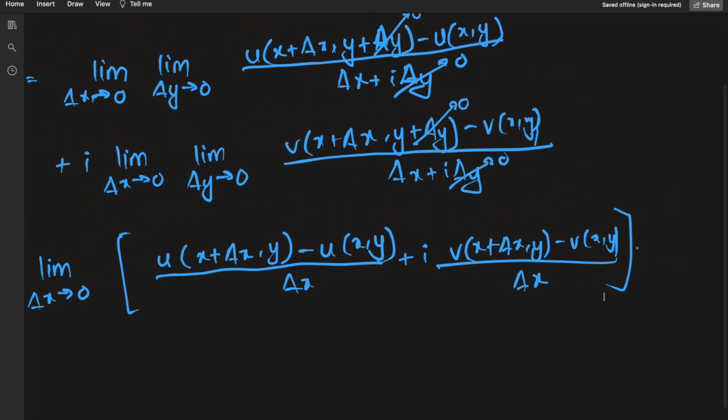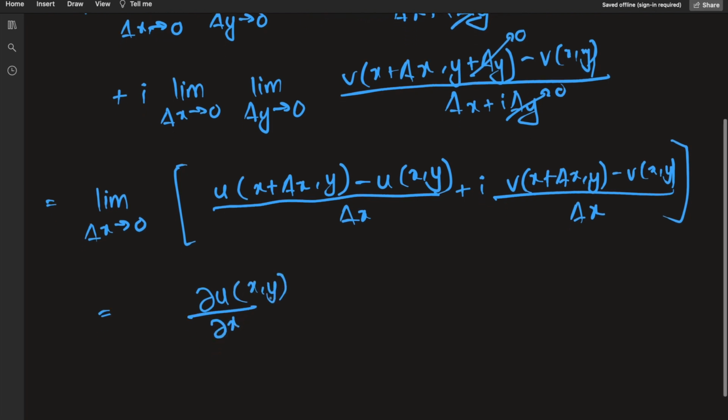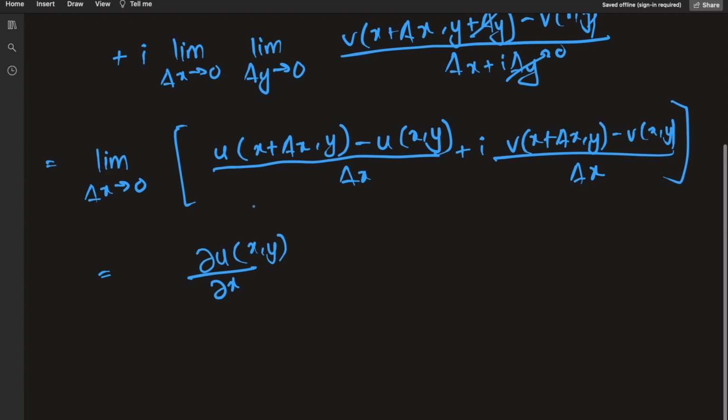And now notice the first term is just the partial derivative of u with respect to x evaluated at x y. I'm calling it a partial derivative because u is a multivariable function of x and y, plus a similar thing here, i times the partial derivative of v with respect to x at x y.